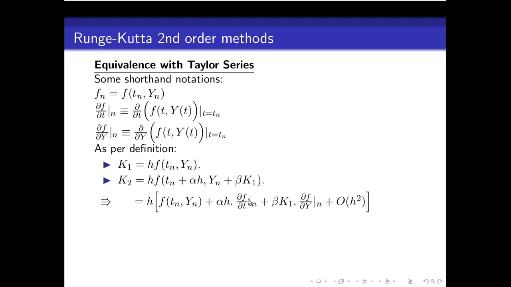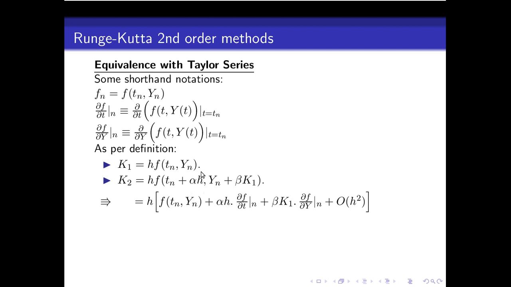If we examine this k2, see that f has two variables t and y, and there are increments in both the parts. So this is given by f(tn, yn) plus alpha h into del f del t at n.